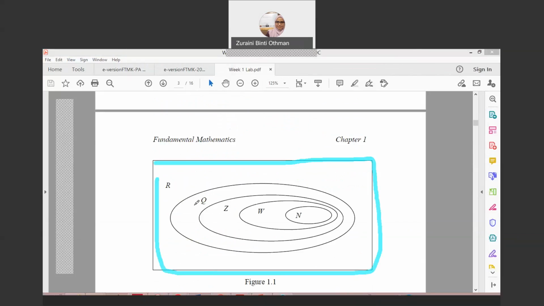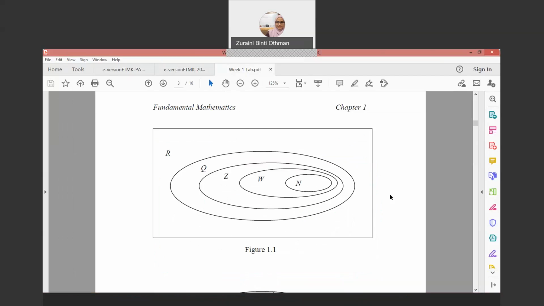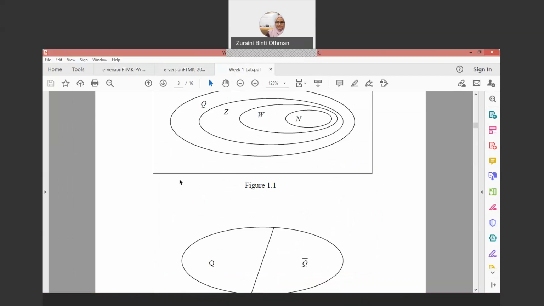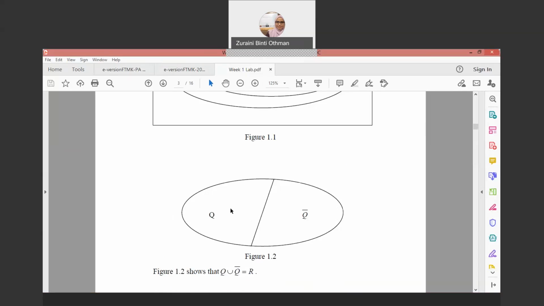Dalam real number tu ada Q, rational number, and inside rational number there is Z, integer, and inside integer there is whole number, and inside whole number is natural number. Inside natural number ada prime number and non-prime number, and inside Z ada odd and even number just now. Please remember. Okay, tak payah remember pun tak apa. Fahamkan je benda ni. Dia tak susah sangat lagi kan.